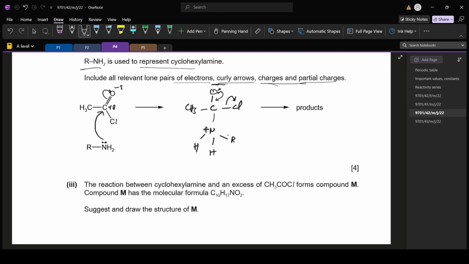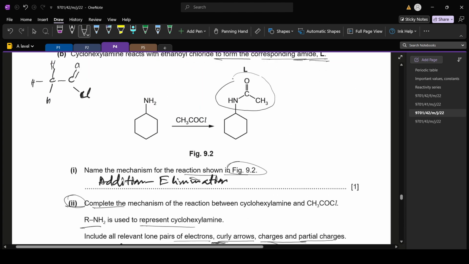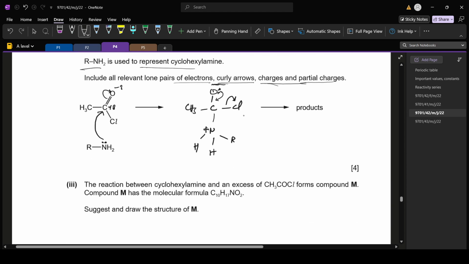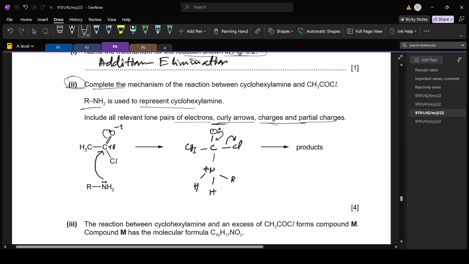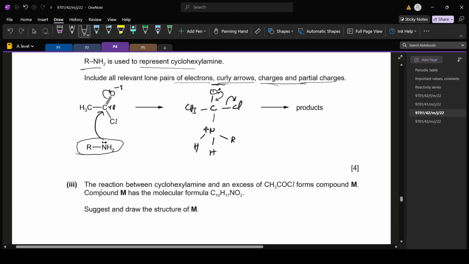Then you will have this compound L. So you can see that in this intermediate, the cyclohexylamine group is attached, added. So this is your addition.